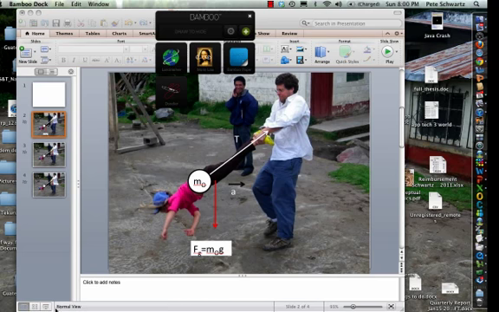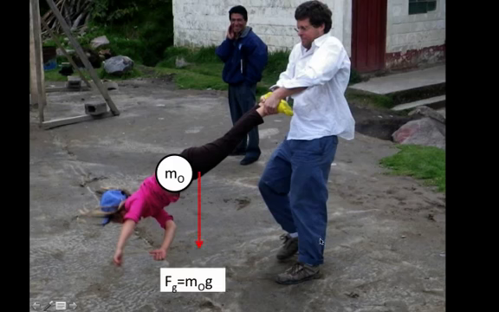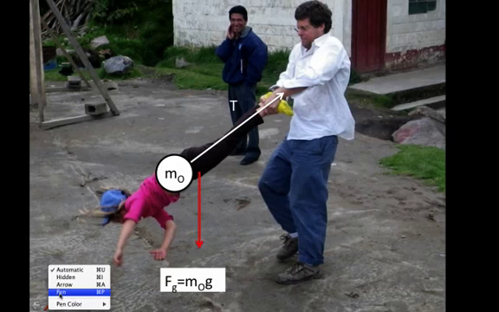How else would we use this? Let's say we're swinging our little girl by her feet. We can model her as a mass of m0. We recognize gravity pulling down and the tension along her legs. And we say, okay, so what's happening to her? Well, what if I'm spinning her in a circle like this? Like the car was going in a circle. She's spinning around me in a circle.